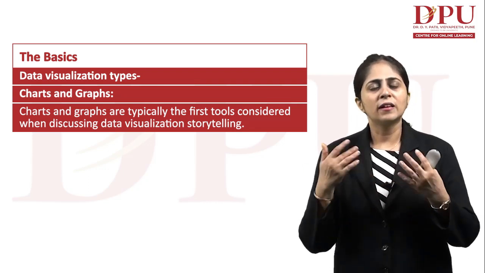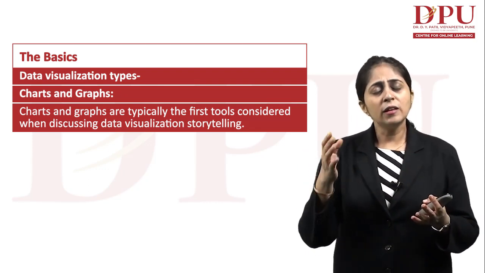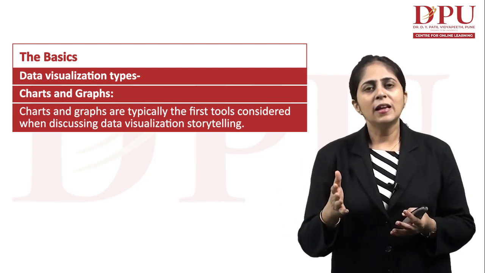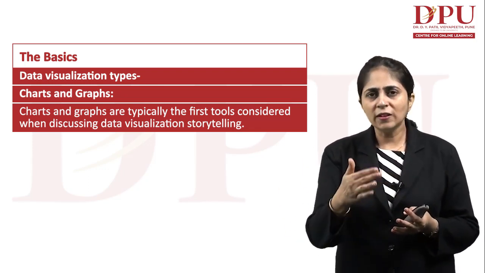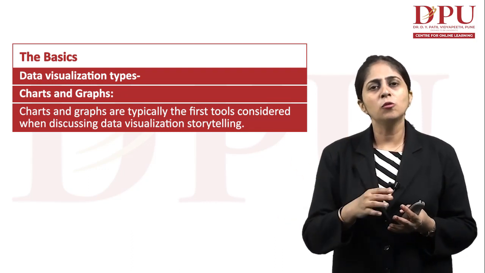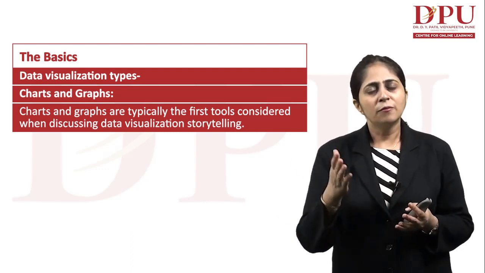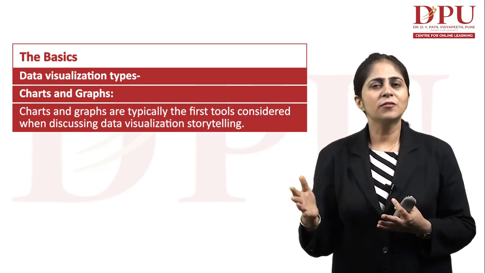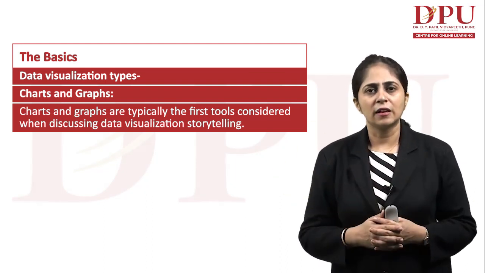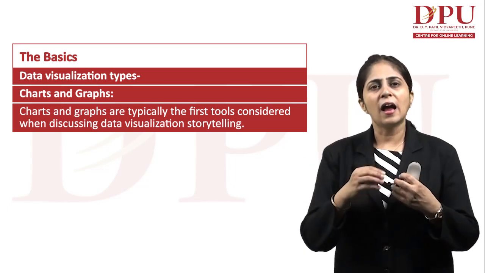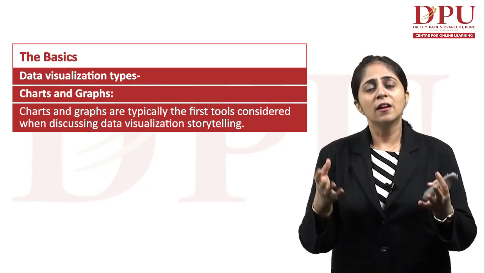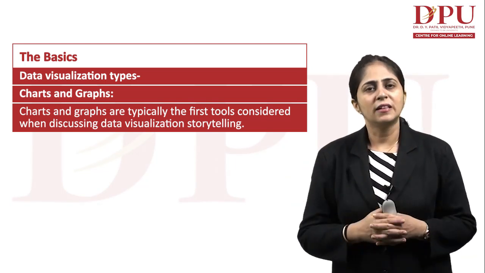Whenever you want to analyze your data, you can analyze it very easily with the help of graphs. We have different types of charts which we can use as per our requirement: scatter chart, bar chart, pie chart, and many more. These are the first tools considered when we want to visualize our data.